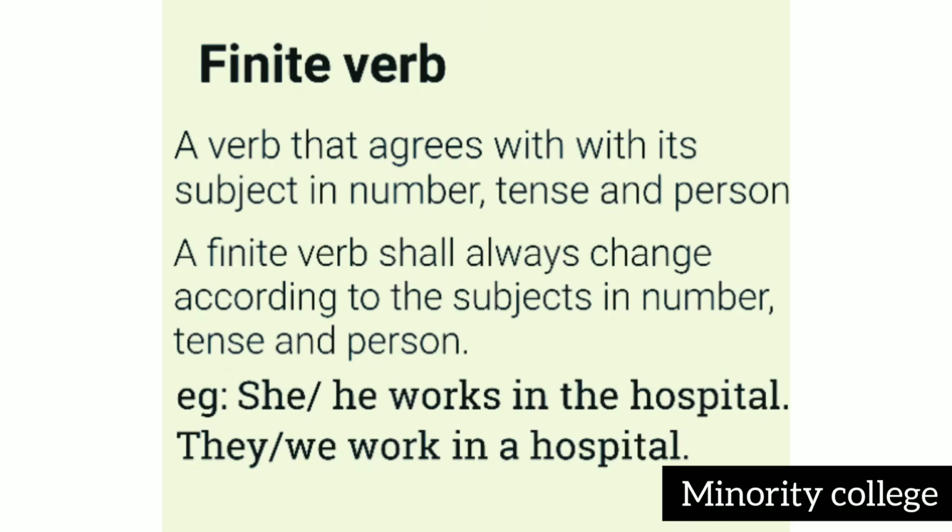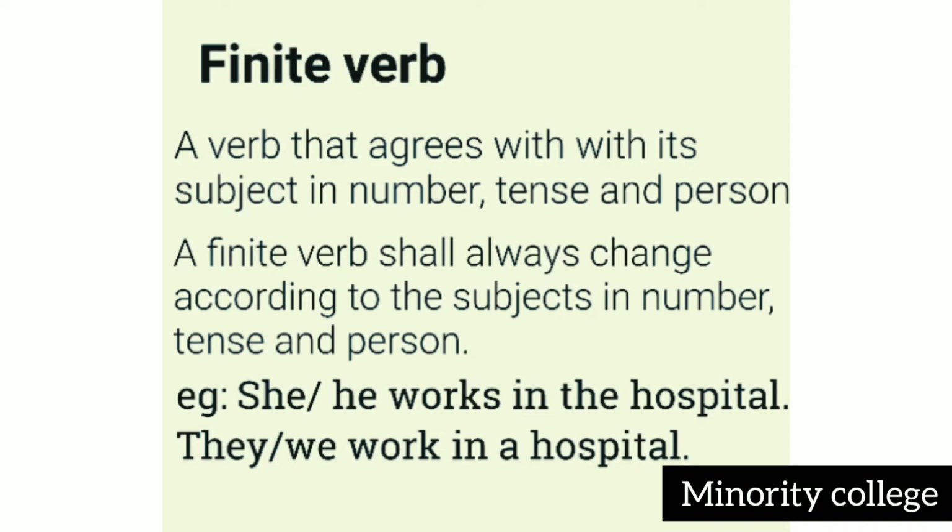Next, here mentions what is a finite verb. A verb that agrees with its subject in number, tense and person is said to be finite. A finite verb shall always change according to the subject in its number, tense and person. Finite means limited. For example, she or he works in the hospital.